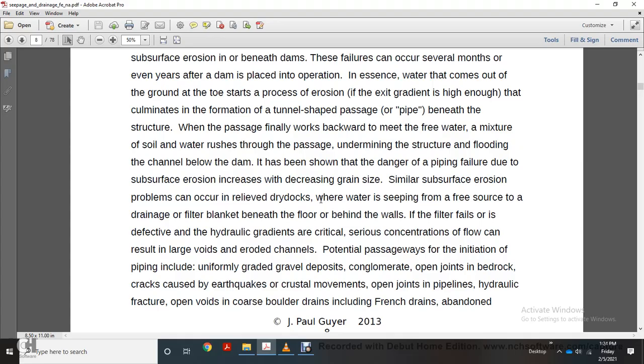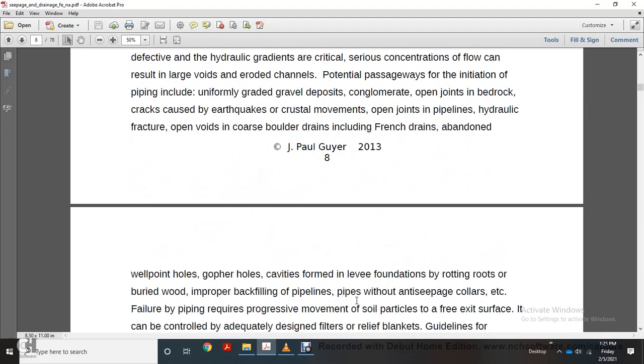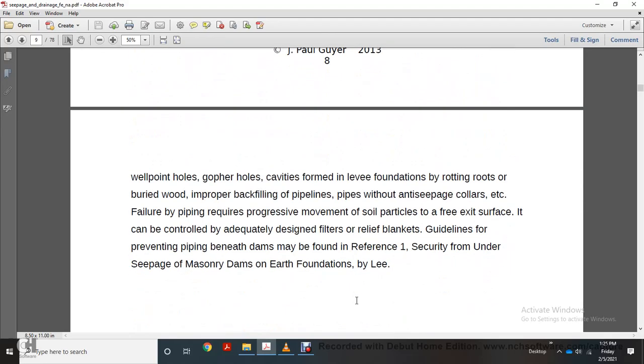Potential passageways for initiation of piping include uniformly graded gravel deposits, commonly graded open joints, bedrock cracks caused by earthquakes and crustal movements, open joints in pipelines, hydraulic fractures, open voids in coarse boulder drains, including French drains, abandoned well points, gopher holes, cavities formed in levee foundations by rotting roots and buried wood, and improper backfilling of the pipeline with anti-seepage collars, etc. Failure may occur by piping through the progressive movement of soil particles to a free exit surface, which can be controlled with adequately designed filters for the relief blanket.